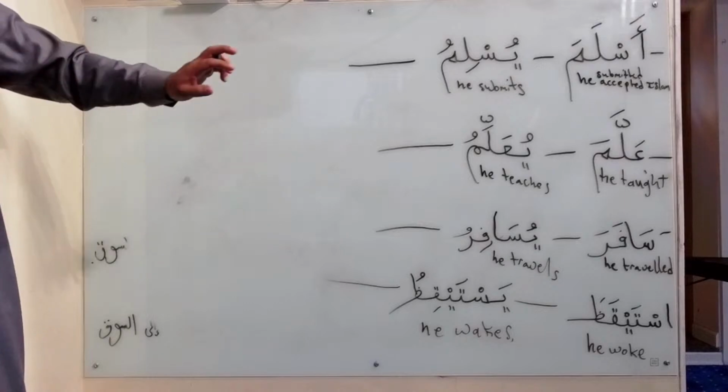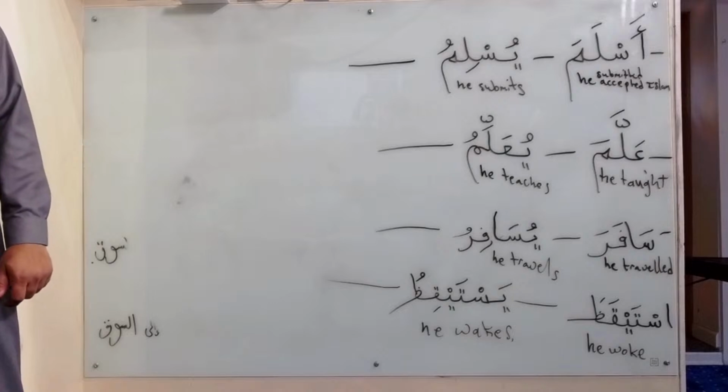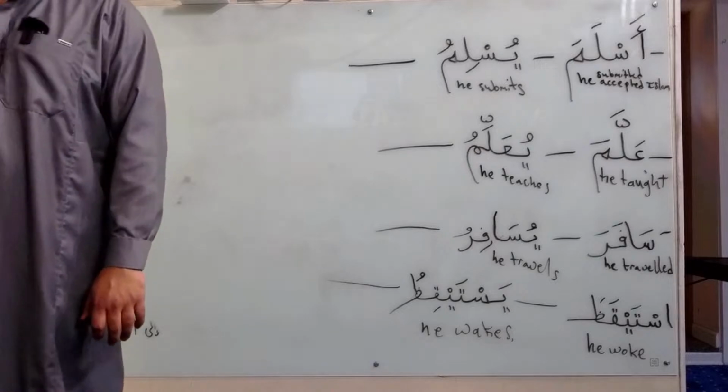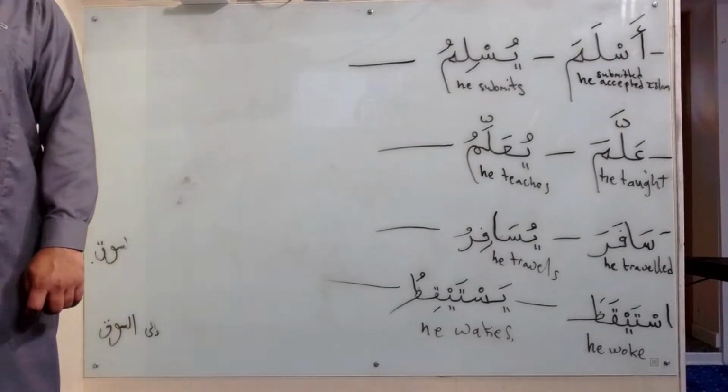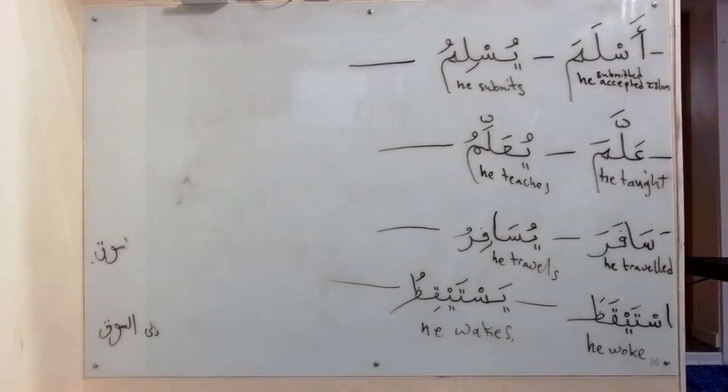We finished with the three-letter words for now, and remember those are the three-letter words that don't have a weak letter in the middle or the end, nor a shadda. If there is a weak letter or a shadda, there's going to be some variation in the way it looks. We're going to give examples of those later on. We just want the original forms.